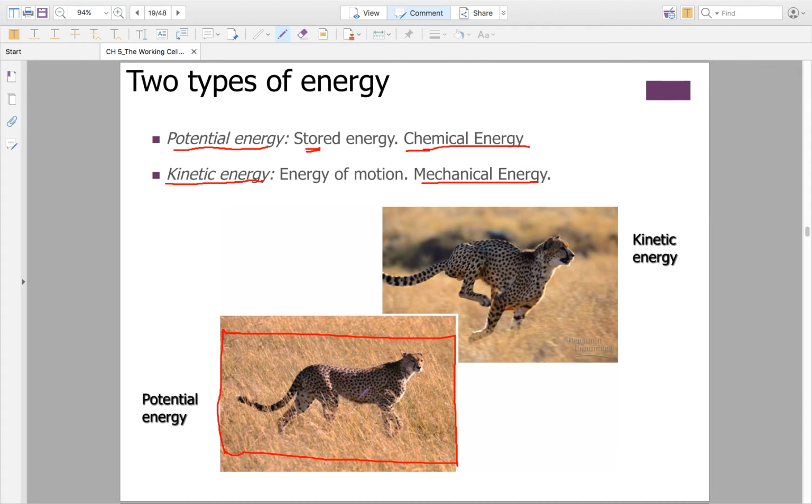So when he's in this position, the energy that's stored in all of these muscles, that's his potential energy. And all of the energy that he has in his sensory organs and so on, right? And then when he takes off and he's running, that is energy in motion, kinetic energy. That's as far as it needs to go in this class.